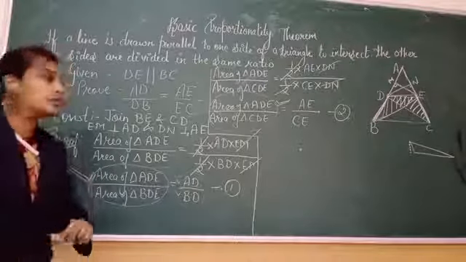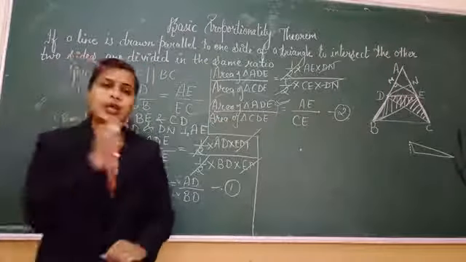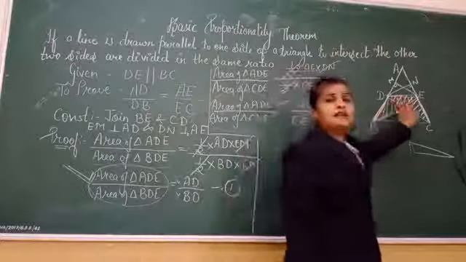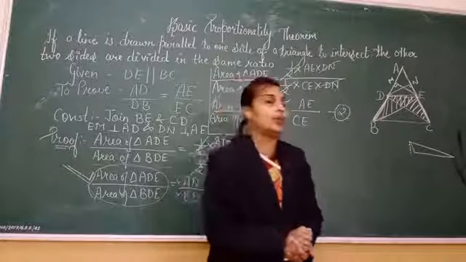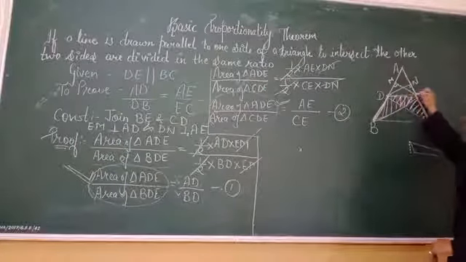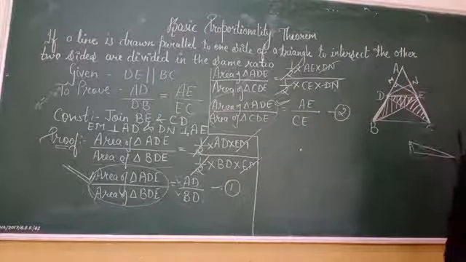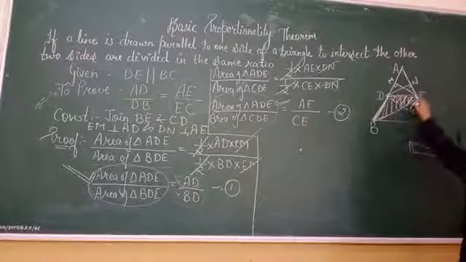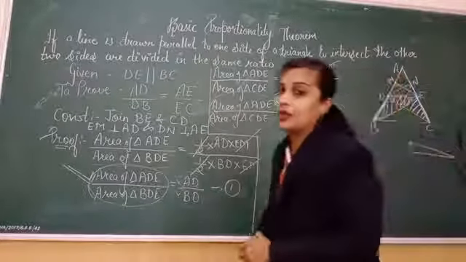Now what is to be proved is that the denominators should also be equal. So can you see in this figure, how can we say that both the denominators' areas are equal? Or how can you say here that area of triangle BDE is equal to area of triangle CDE? How can these two areas be equal? Just recapitulate the class 9 theorem.